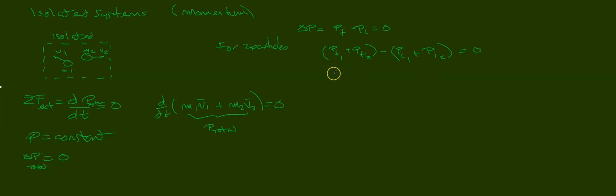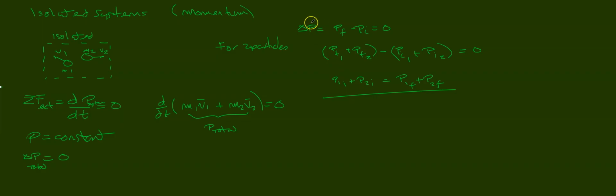So another way to write this will be momentum 1 initial plus momentum 2 initial is equal to momentum 1 final plus momentum 2 final, right?